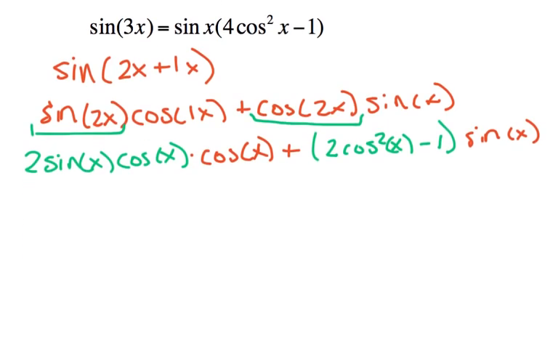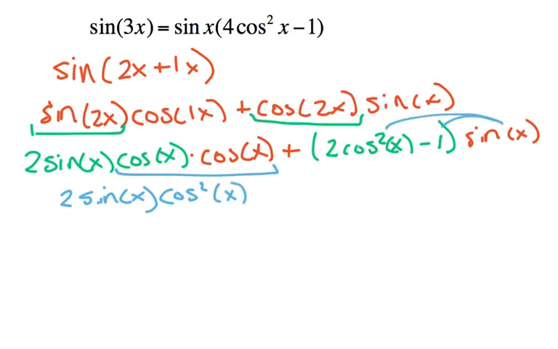So, let's see. In our next line, we're going to combine the 2 cosines, so 2 sine of x cosine squared of x, just to kind of put everything together. And then we're going to distribute this sine in, so we're going to add that to 2 cosine squared of x sine of x minus sine of x. And then hopefully you can see that from there we have the beginning piece here, which is 2 sine of x cosine squared of x, right here.